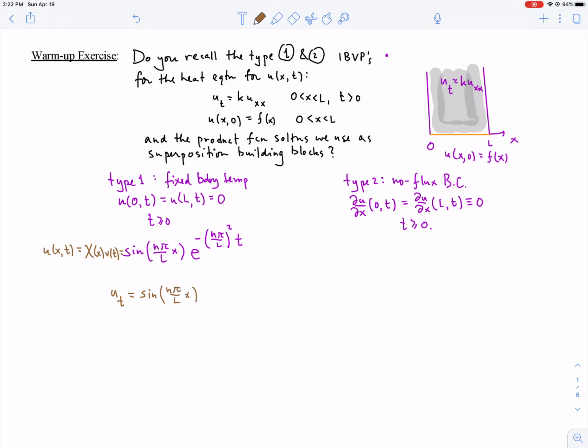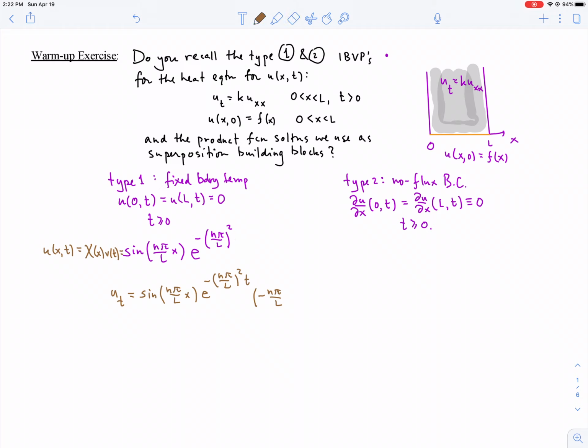And then when I take the derivative of the exponential, I'll get the exponential times the coefficient of the t in the power, which is minus n pi over L. Oh, I forgot the k in the solution.